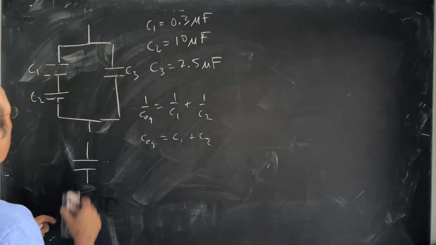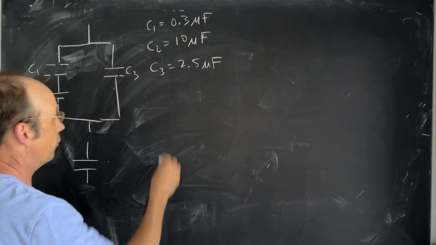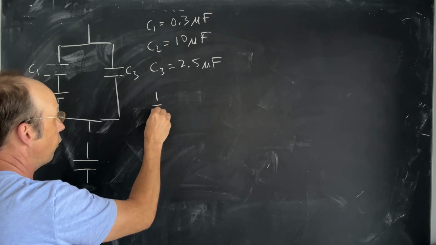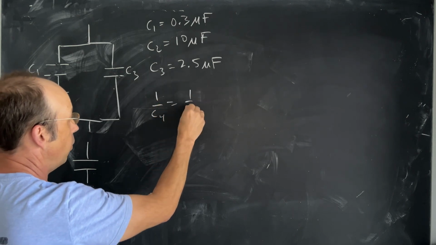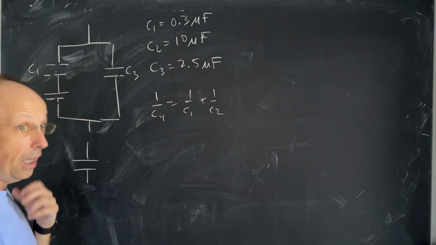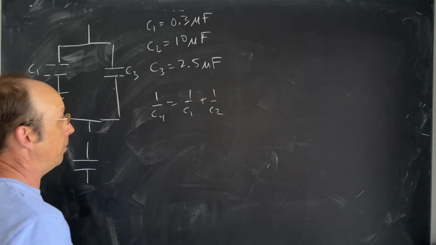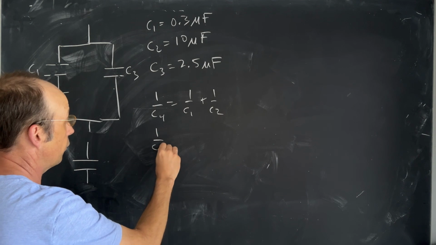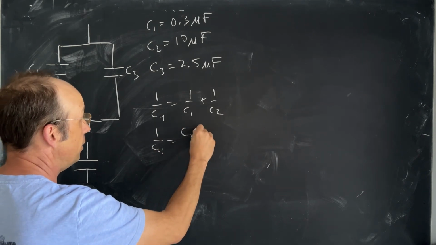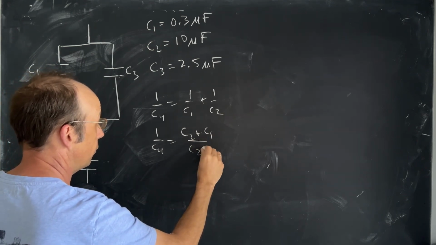We'll replace those with something I'm going to call C4. Okay, and then I'll redraw the picture. So 1 over C4 is 1 over C1 plus 1 over C2. You can just put this in your calculator right away, but you could also get a common denominator and say 1 over C4 is (C2 plus C1) over C2 C1.